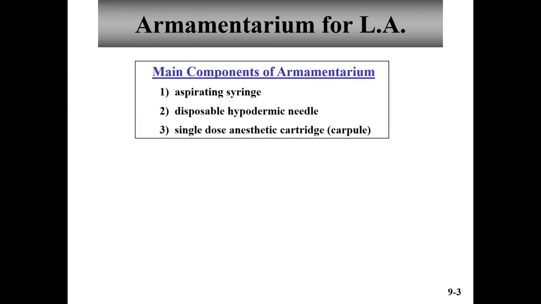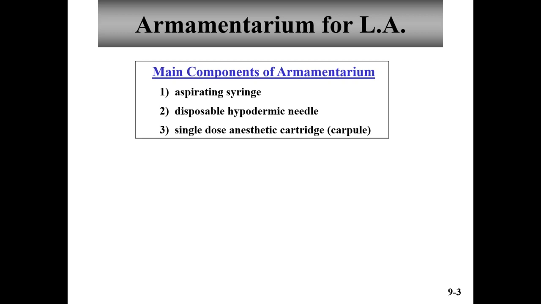So the main components that you're going to be using when you deliver local anesthetic are the syringe, and it is an aspirating syringe because you have to aspirate before you deliver your local anesthetic. A needle, and they're all disposable. You're only used on one patient, and it's referred to as a hypodermic needle because you inject with it.